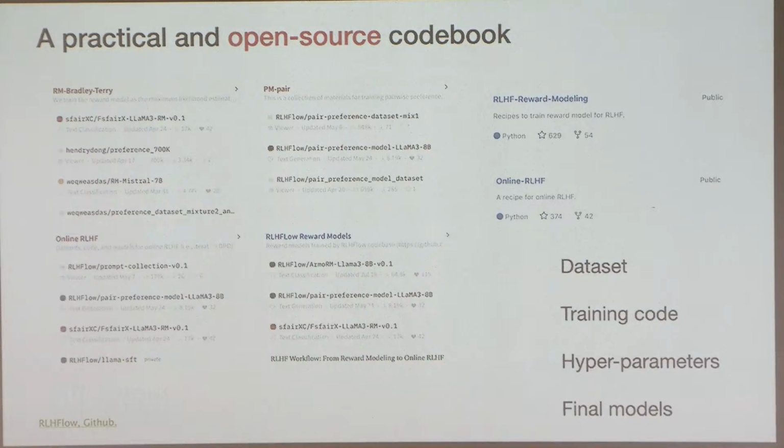And we open sourced all this model code, and also the dataset and hyperparameters, to GitHub and Hugging Face. And we have observed a lot of follow-up work using our code, especially our reward model.